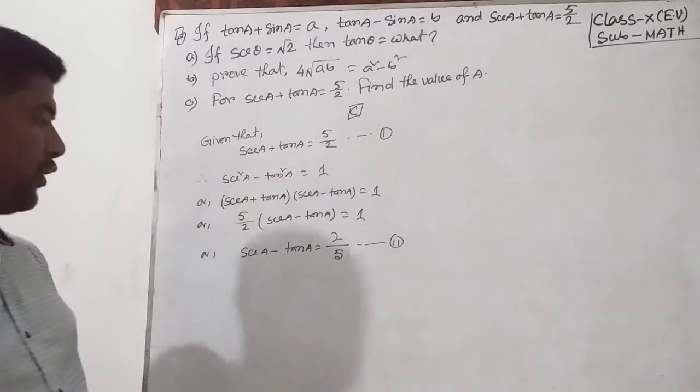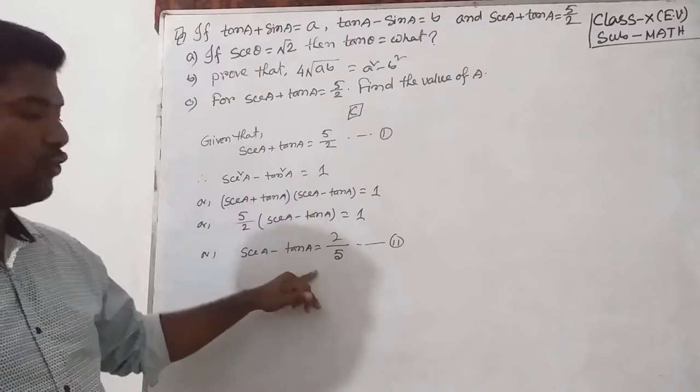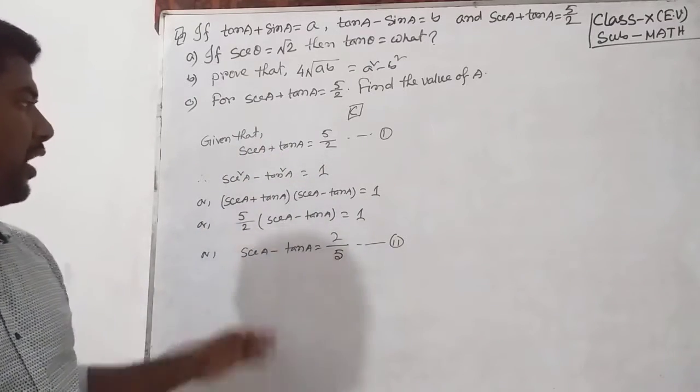Okay, we find two equations: sec a plus tan a equals 5/2, equation number 1, and sec a minus tan a equals 2/5, equation number 2. Now we subtract.